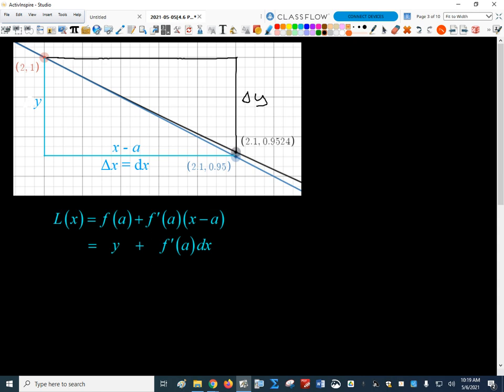How much did the function change when x changed by some certain amount that we could call delta x? We could calculate that, right? If we started at an x value of 2 and we ended up at an x value of 2.1, delta y is always going to equal the same thing. In this case, it's going to equal f of 2.1 minus f of 2, isn't it? Everybody agree?